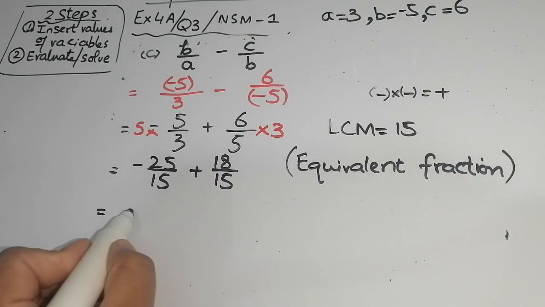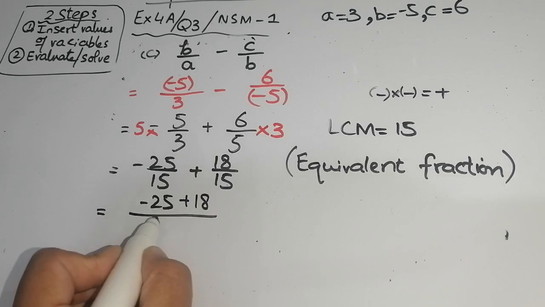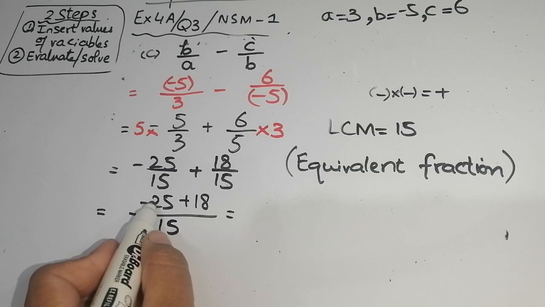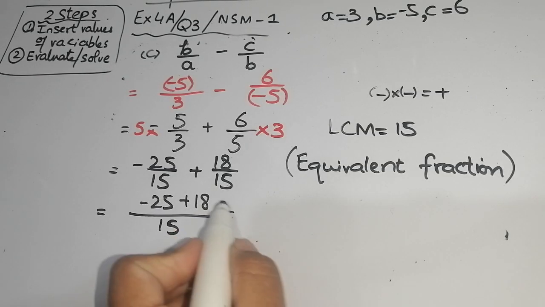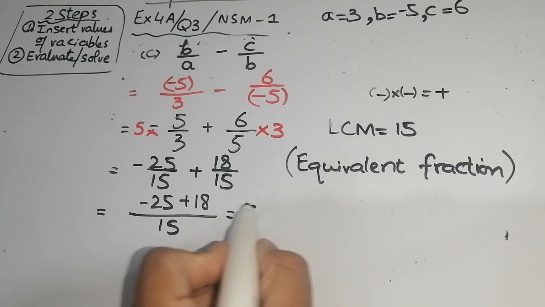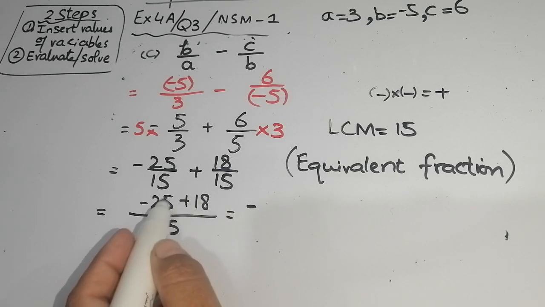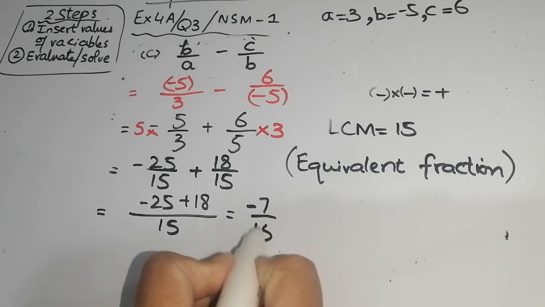So now it's very simple. Minus 25 plus 18, and below it's 15. So minus and plus integers, two unlike integers are added together. Sign will be minus because 25 is a big number, and the operation is subtraction. So it's minus 7 by 15.